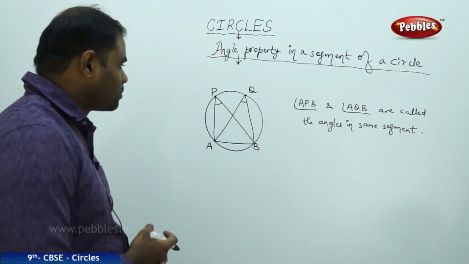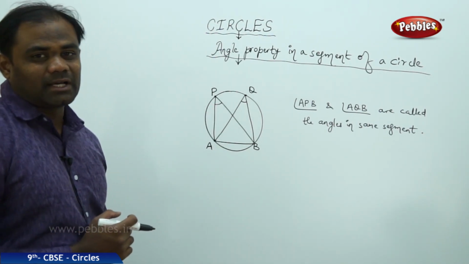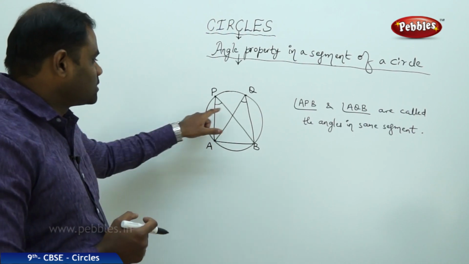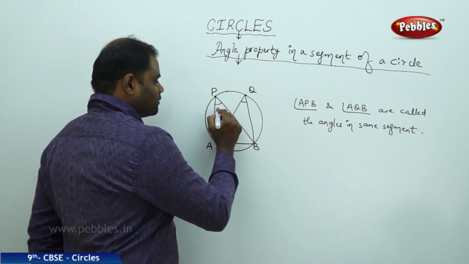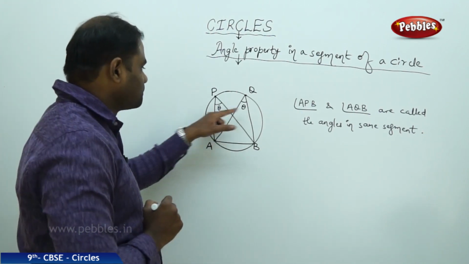So let's see how the property connects the angles in the same segment. The property says that angles which are in the same segment are always equal. So if this is theta, this will be equal to theta.